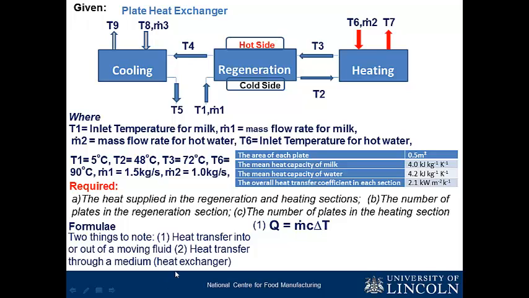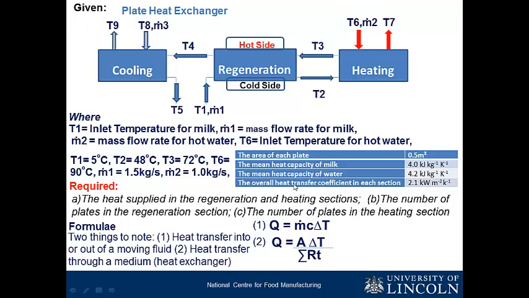For the second one, if you want to calculate the heat transfer through a medium, you will need to use the formula we used earlier in question 1, which is Q equals the cross-sectional area of the medium, times the change in temperature, divided by the summation of the thermal resistance. Here we are not given the thickness or the thermal conductivity.